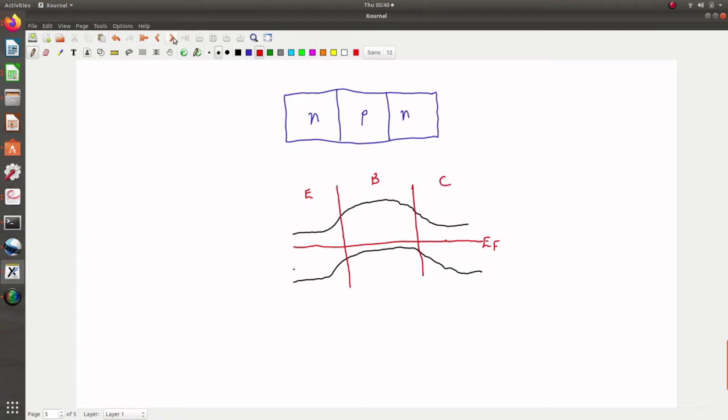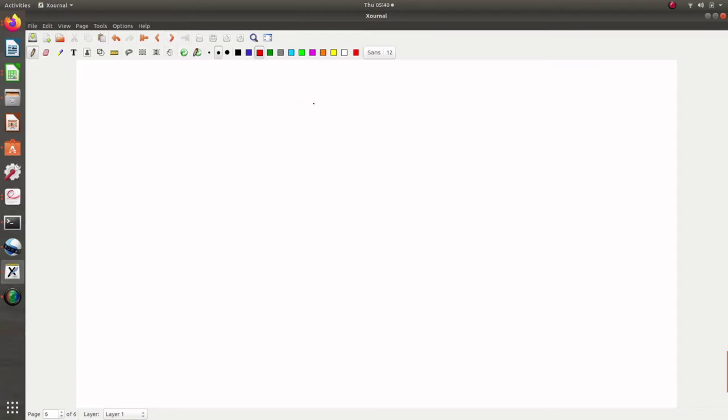Now, in order to make the transistor work as an amplifier, we give biasing. At emitter base junction, we give a forward biasing.